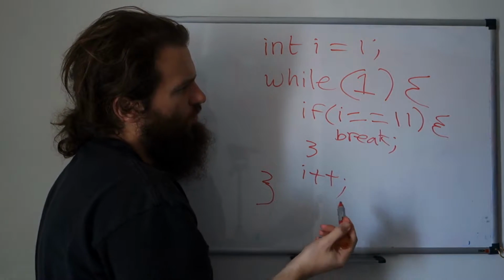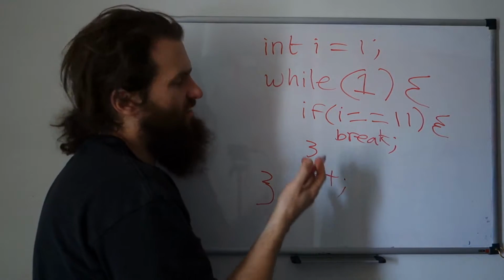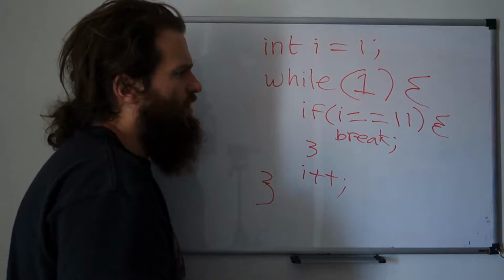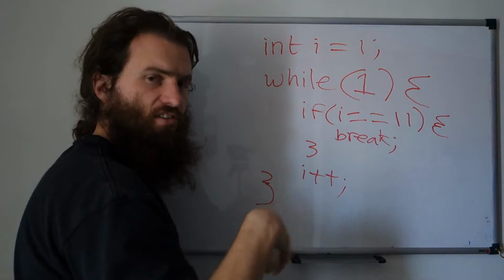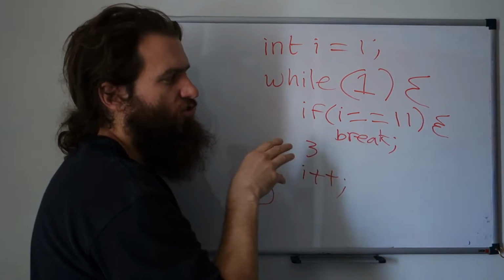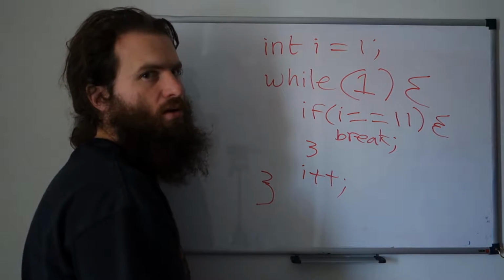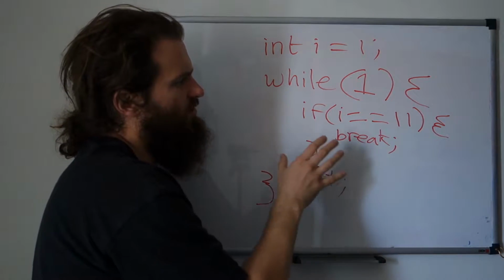It's slightly less readable. Often where you will see it written like this, lots of complicated things are done inside this loop, and there are many different conditions under which it can break out of that loop, in which case it makes a lot more sense to do it like this.